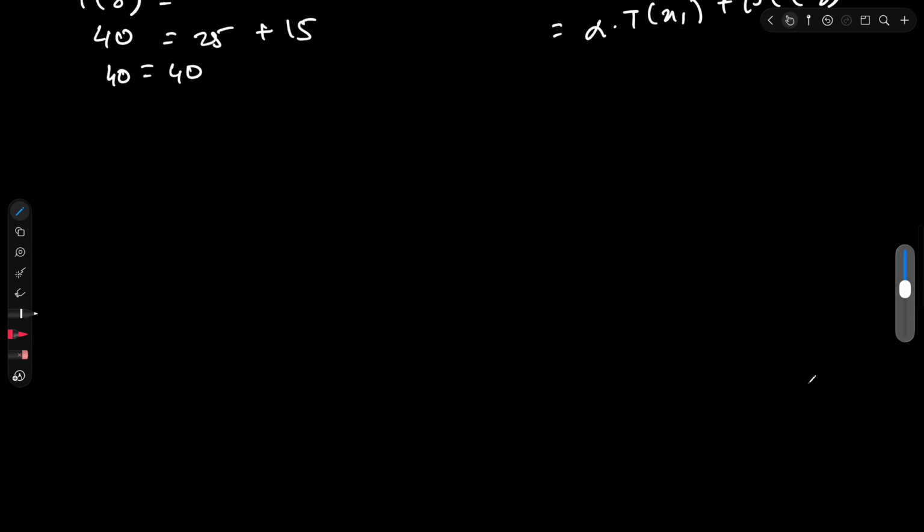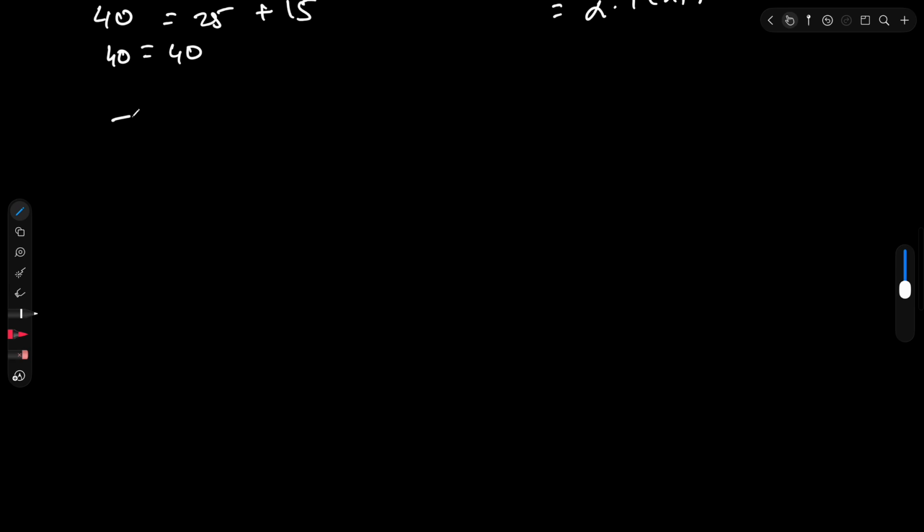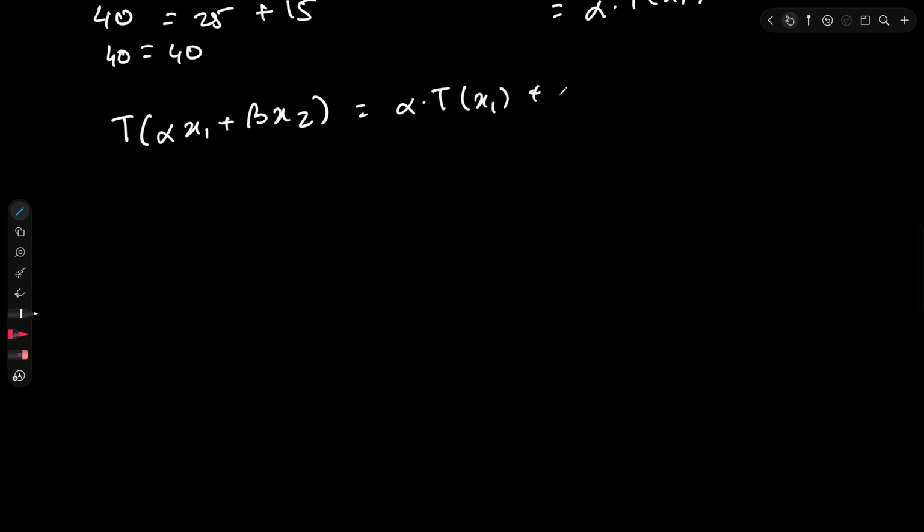So the superposition principle is proved: T of (alpha x1 plus beta x2) equals alpha into T of x1 plus beta into T of x2.